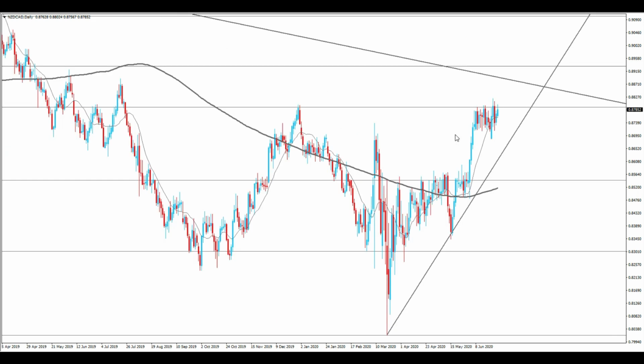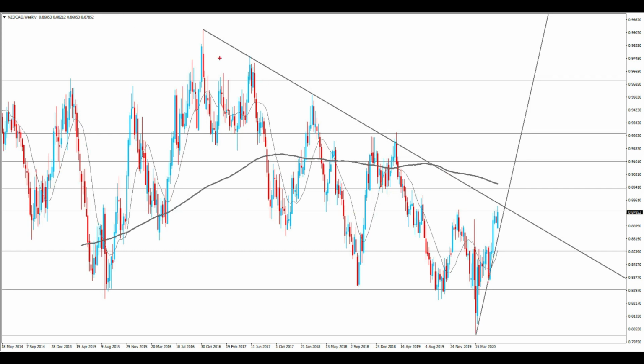And if price closes above, we're expecting price to reach this weekly trend line before we get a reversal back down, or if price goes to the downside, we're expecting this daily trend line to break and get a longer move back down. And if we take a look at the weekly, you can understand why. We've got this downwards trend here, and you can see that we're making consistent lower highs.